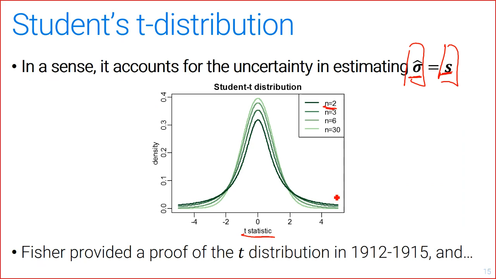If you increase your sample size, let's say to 30 points, the distribution is going to get narrower. So here we see the effect of the sample size. We know that in the limit this is going to be Gaussian, but when we have small samples, this is actually the theoretical distribution.